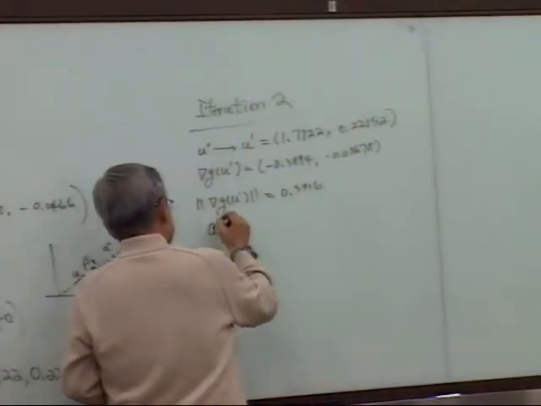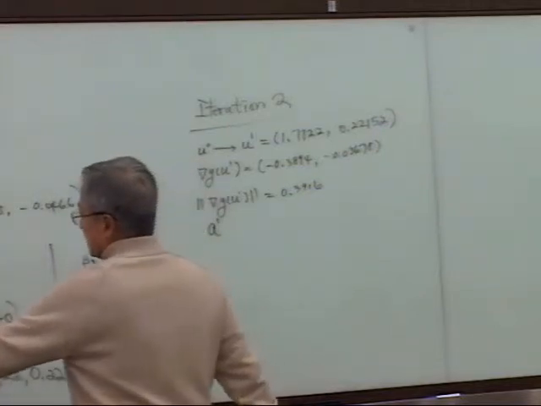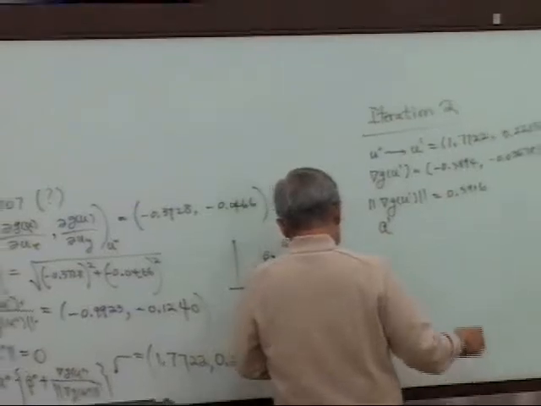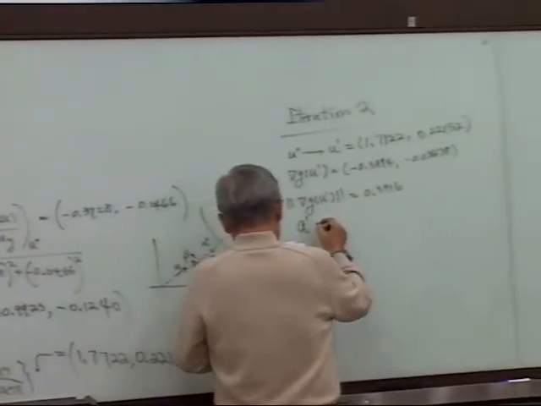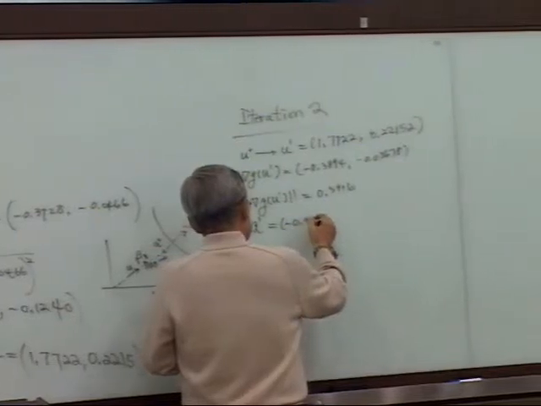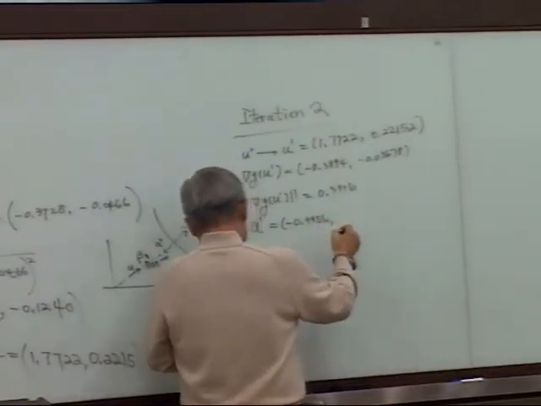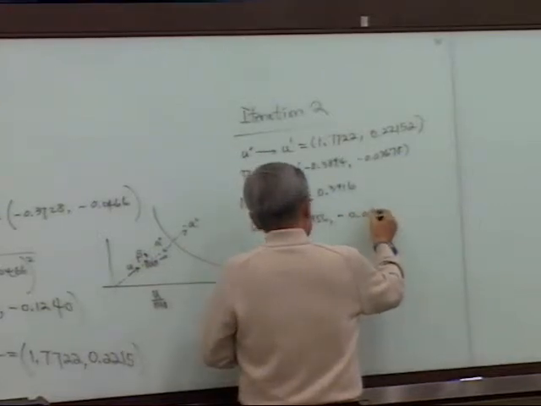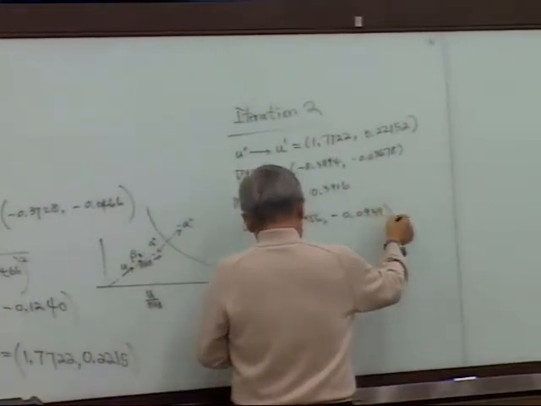Next one is A1, which is an identical situation, equal to minus 0.9956, minus 0.0939.